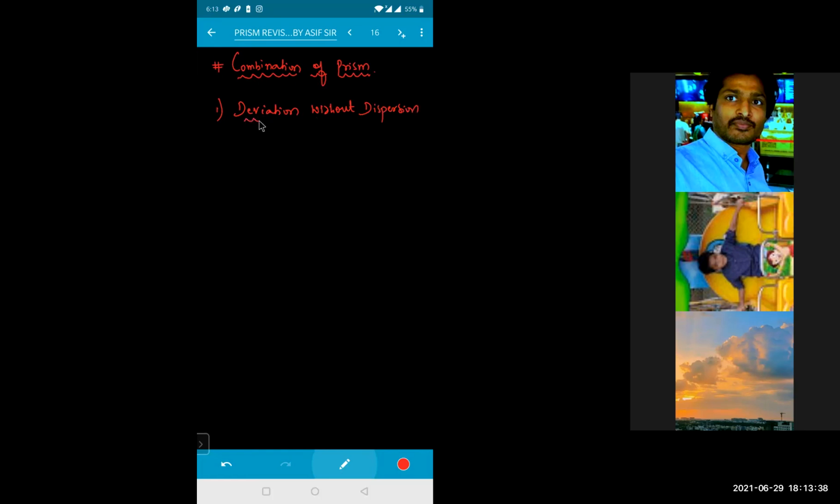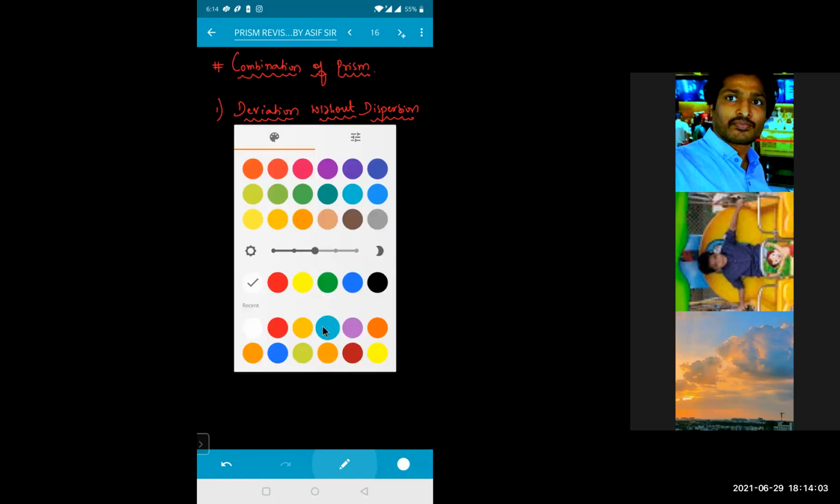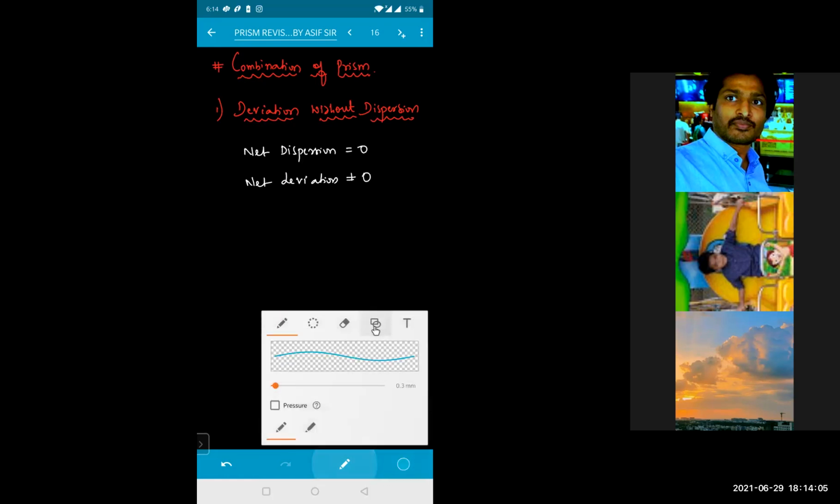What do you mean by this? What is there and what is not there? Deviation is there, dispersion is not there. That means net dispersion is how much? Zero. Net deviation is not equal to zero. Can I tell like that? Yes. So it is a combination of prisms.